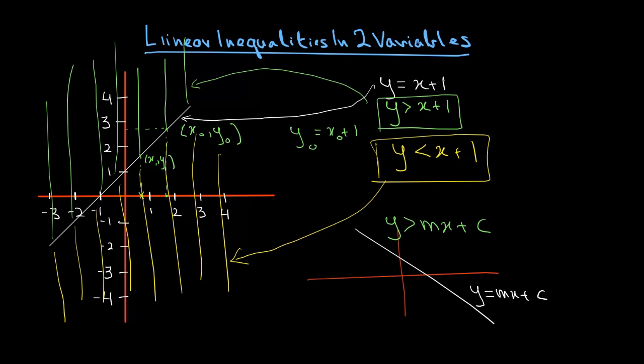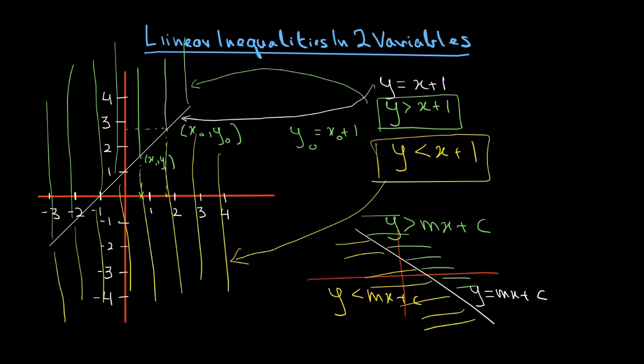That's the region above the line. And there's a region below the line where y is less than mx plus c. So everywhere over here, y is less than mx plus c, and everywhere over here, y is greater than mx plus c. The line every time splits the region into two parts.